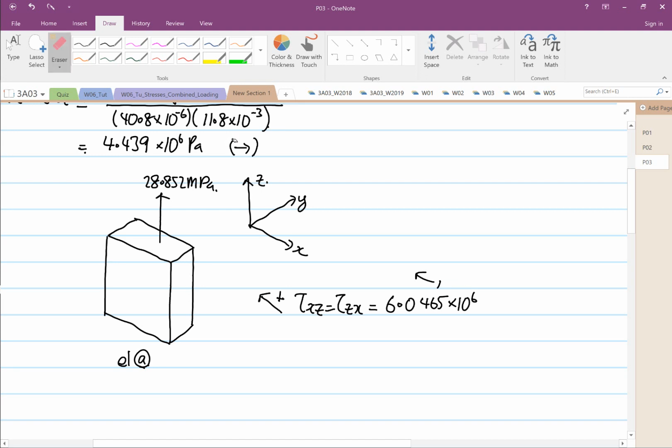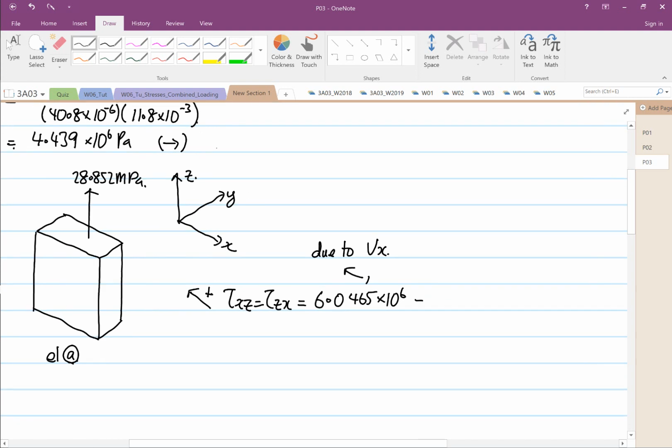This one is due to what? This is due to Vx, and then minus 4.439 times 10 to the power 6, and it's coming down. It's minus because it's in the opposite direction, and this is due to Vy.